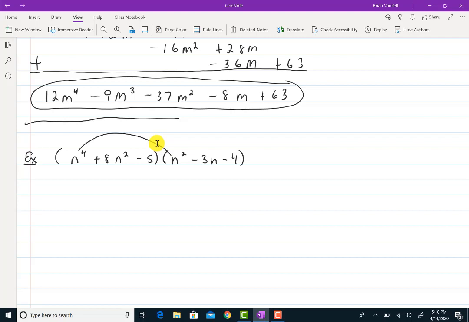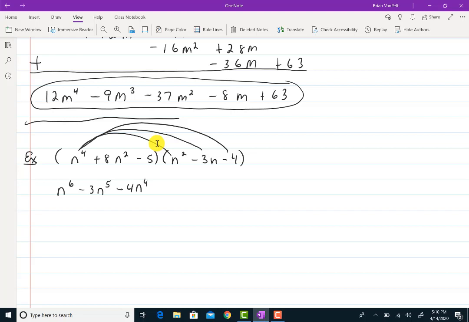I'll get an n to the sixth. Then n to the fourth times negative 3n will give me negative 3n to the fifth. Then n to the fourth times negative 4 will be negative 4n to the fourth.